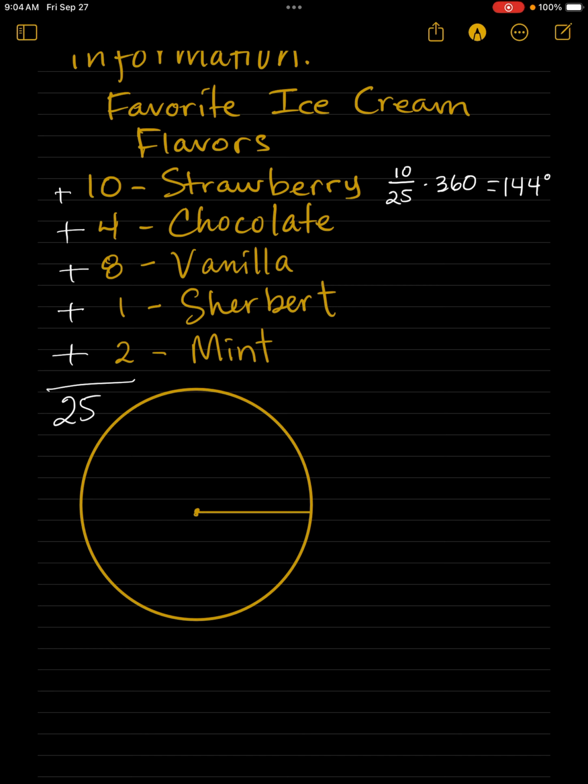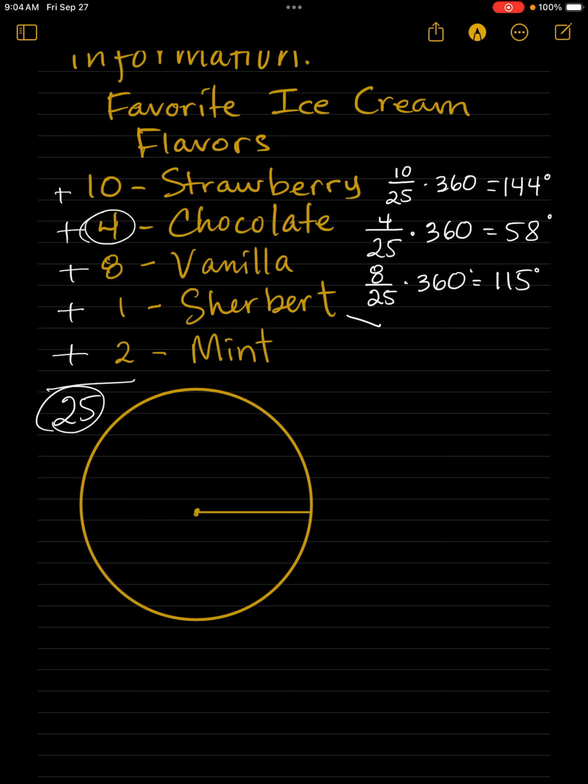When we do the chocolate, 4 in the subgroup over the total of 25, times 360 again, that gives us 58 degrees. And we do each flavor to figure out the angles.